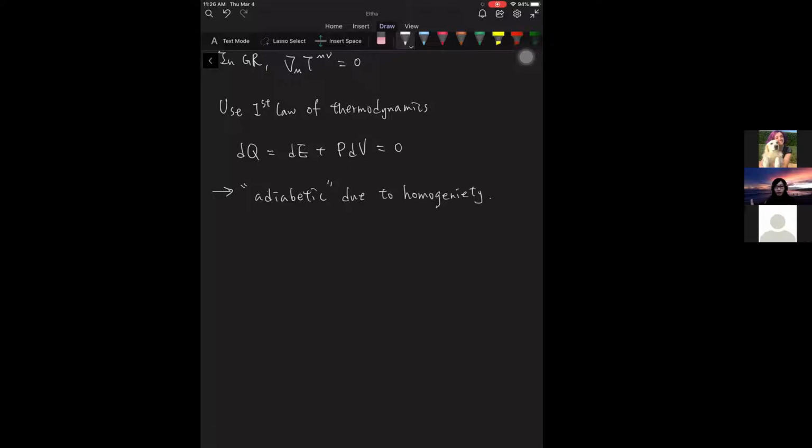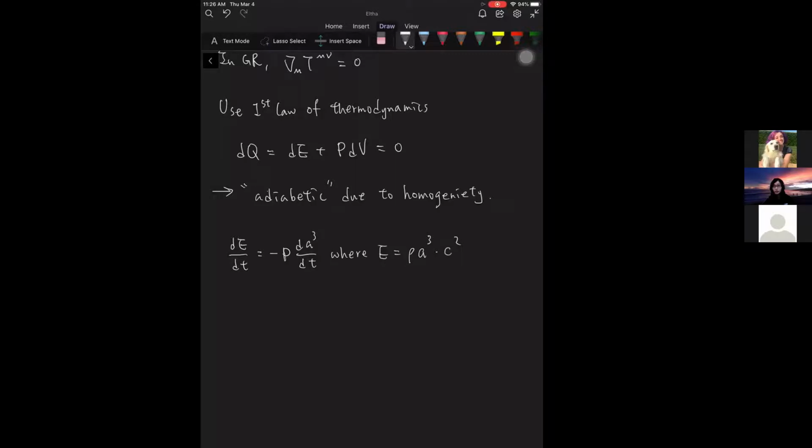Let's first do the time derivative. We will get dE/dt equals negative P dV/dt, right? And the volume here, we can replace with the scale factor cubed. In our case, the energy is in the form of mc squared, so it's rho times a cubed times c squared.